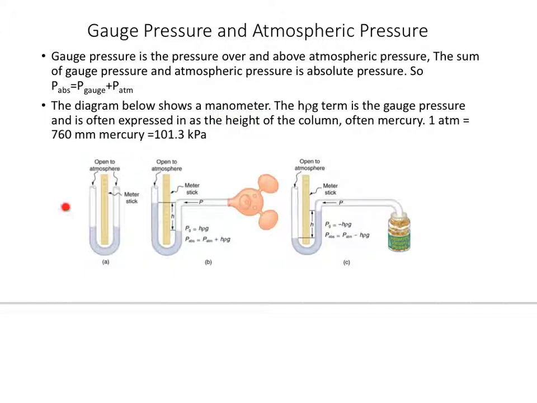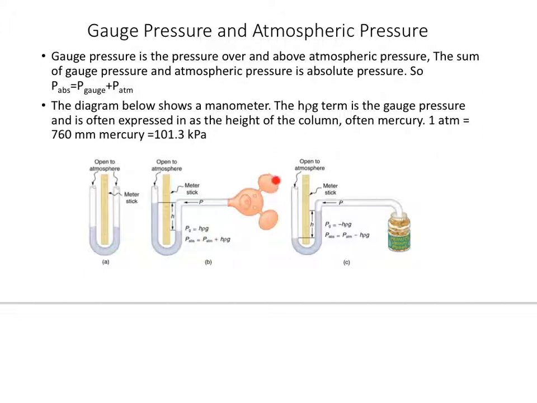In this situation here, it's an open tube on both ends, so both ends are open to the atmosphere, and both of the levels of the liquid here are the same.